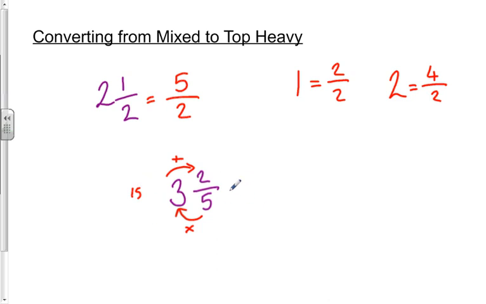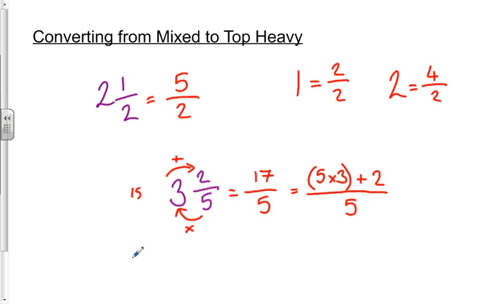So 15 plus 2 is 17. So 3 2/5 is 17/5. Our rule told us that it was 5 times 3 plus our 2 from the numerator, all still over 5. And that's how we convert from a mixed number to a top-heavy fraction.